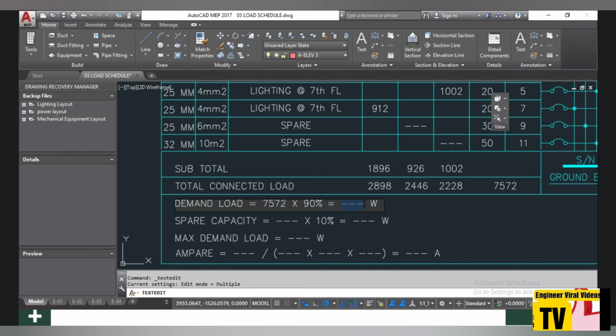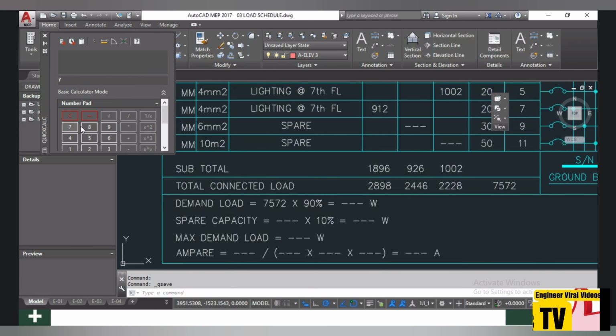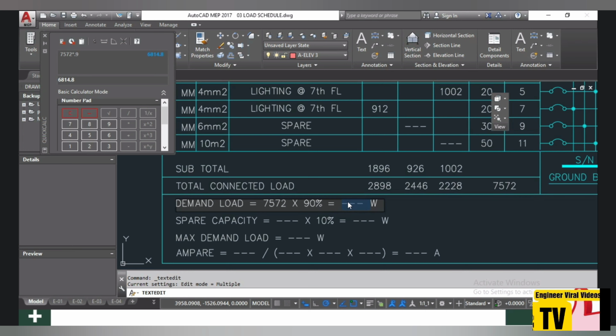That means the demand load will be, we'll open the calculator, 7572 multiplied by 0.9, which equals 6,814.8 watt.